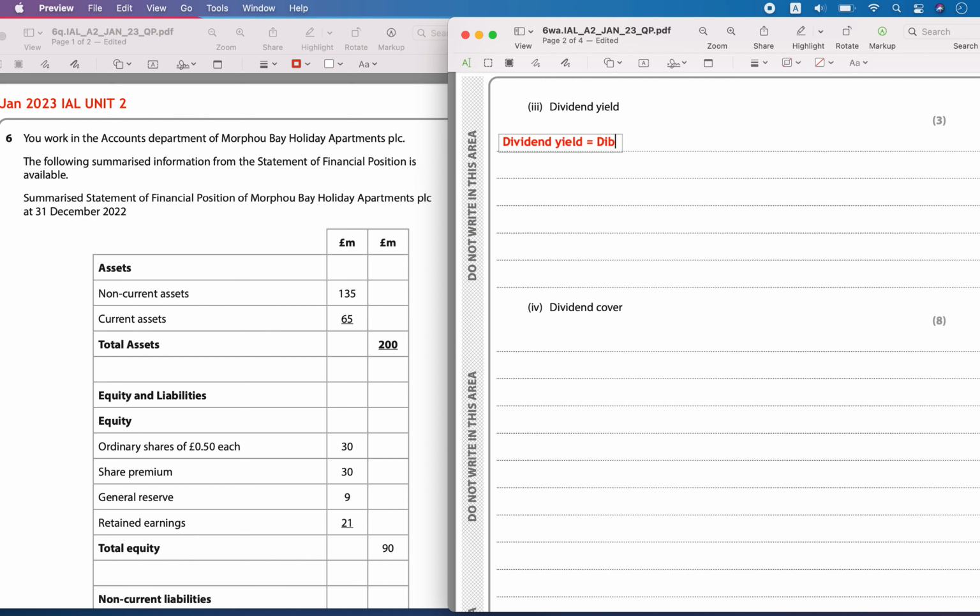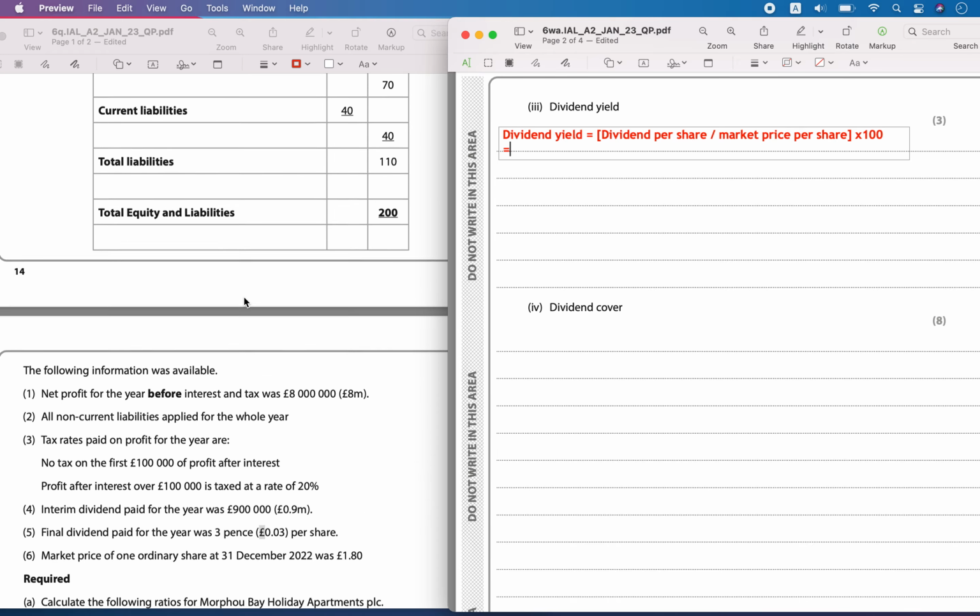So it is dividend per share issued divided by the market price per share, times 100. What is the amount of dividend that was issued in terms of its market price? This is the dividend yield it's giving. It should usually be higher.